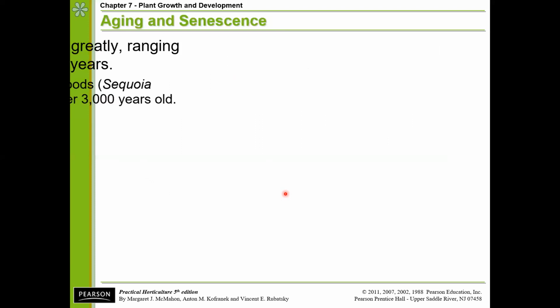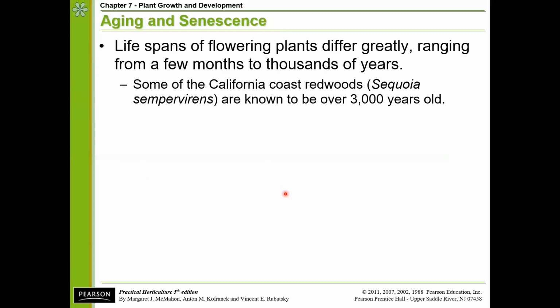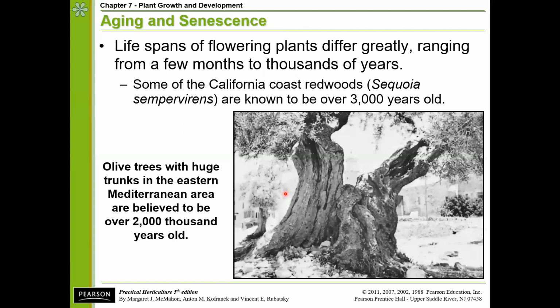All right, so going from fruit production to the next stage of life for plants, which is basically a long process of death, which we look at as senescence.